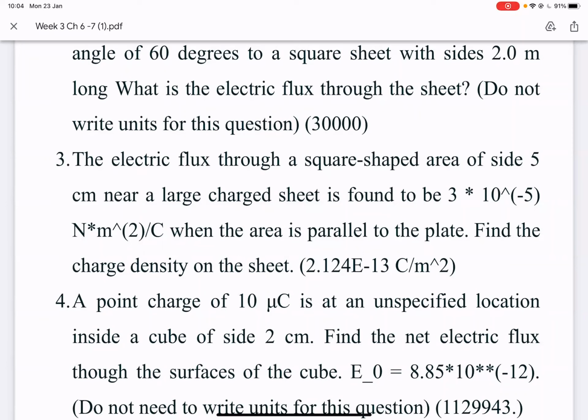Yes. We define flux as... flux? No. F. B is a magnetic field, so it still didn't come to that point.